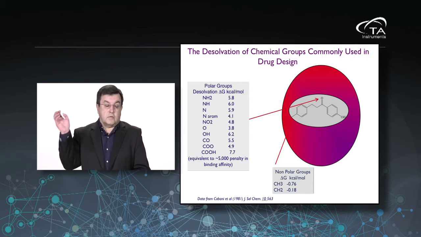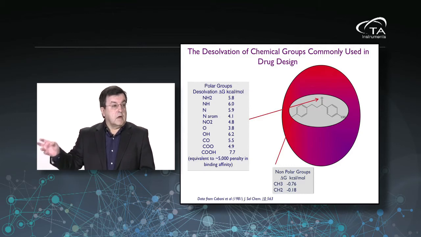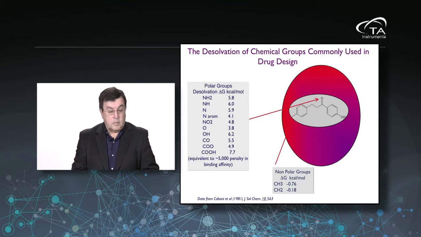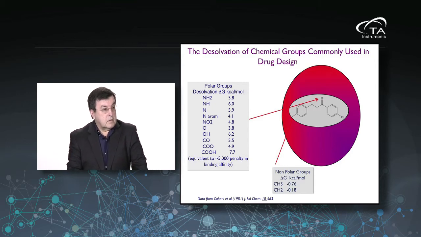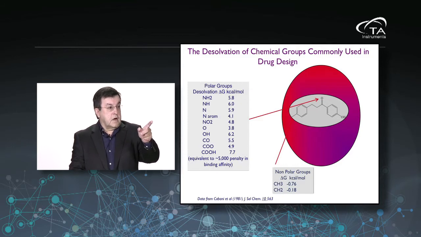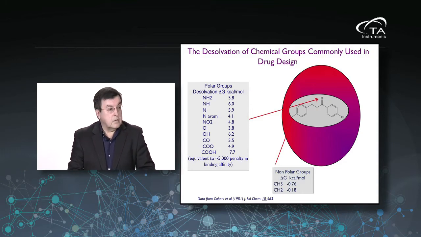So it's favorable to take non-polar groups, even if they don't make any interaction with the protein, with the binding pocket. Now, also I would like you to notice that the magnitude of the numbers associated with desolvation of polar groups, independently of the sign, are 1 order of magnitude larger than those of non-polar groups.